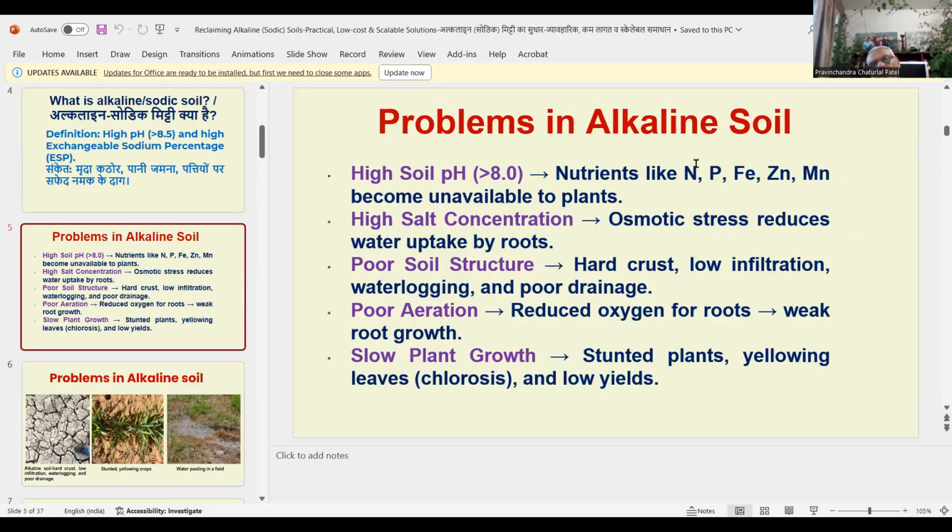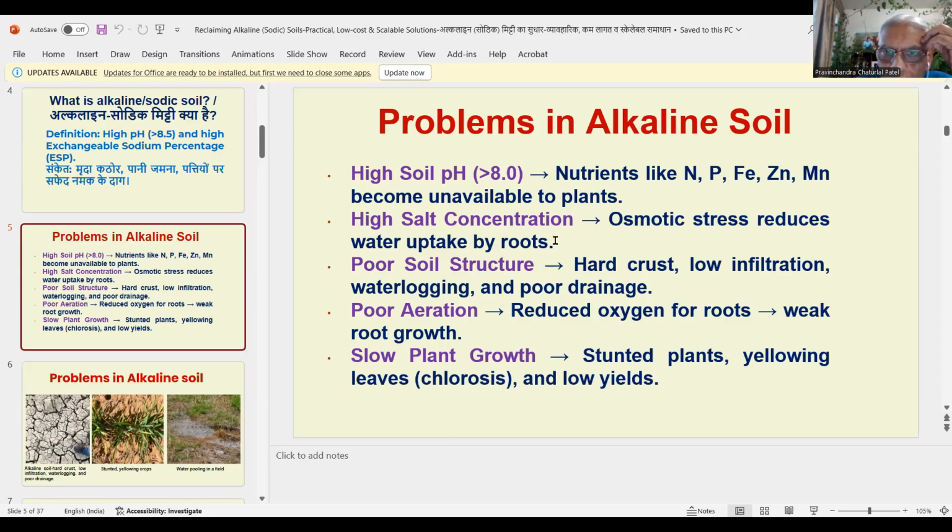So, problems in alkaline soil. What is the problem in alkaline soil? I see soil pH greater than 8, and nutrients like nitrogen, phosphorus, and zinc become unavailable to the plant. It means nutrients are present, but not available to the plant due to high soil pH, high salt concentration, and osmotic stress, with reduced water uptake by roots.